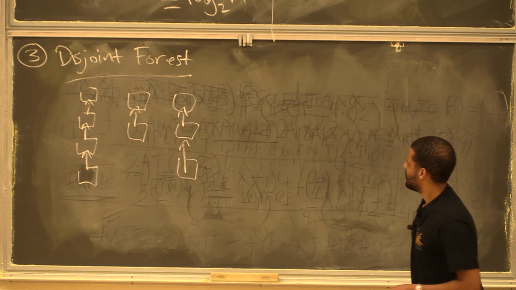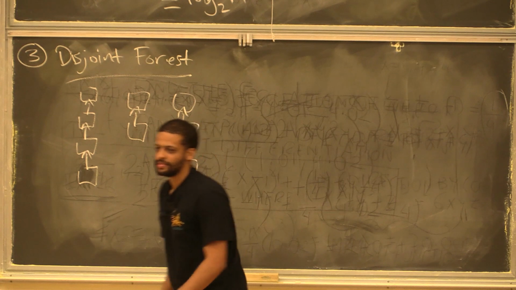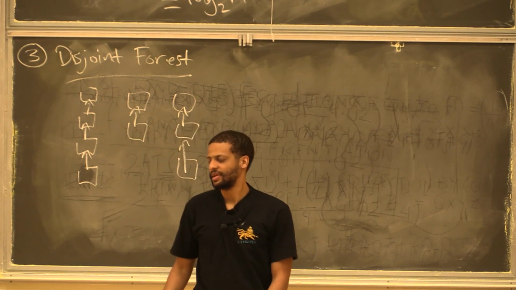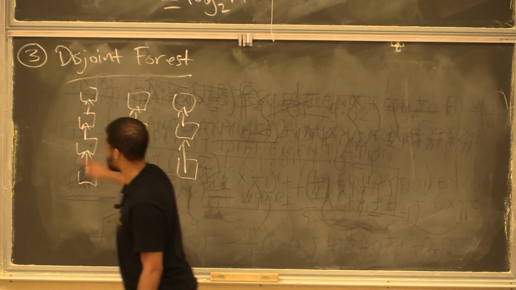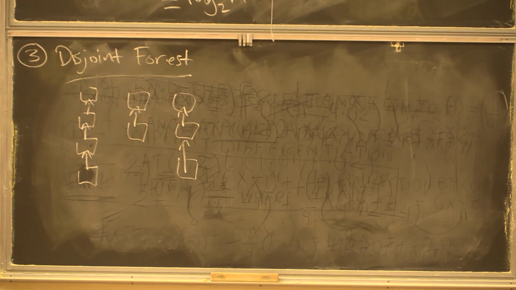Now, if I do a find on, let's say, this node, I spent time looking at 3 nodes. I start here, I walk to here, I walk to here. So since I'm already spending time looking at these 2 nodes plus the root, I already spent 2 time.